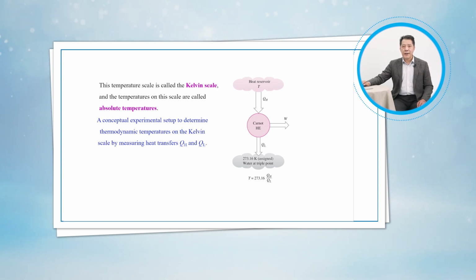The triple point of water is assigned the value 273.16 Kelvin. The magnitude of a Kelvin is defined as 1/273.16 of the temperature interval between absolute zero and the triple point temperature of water.